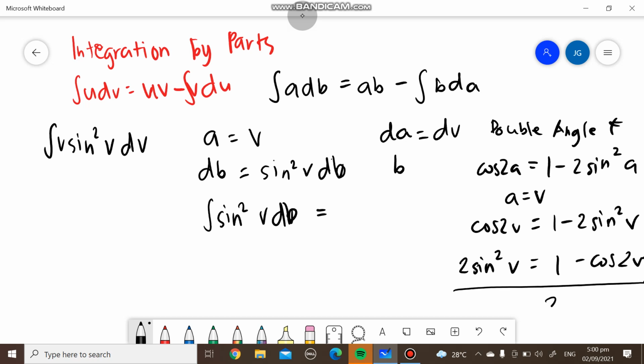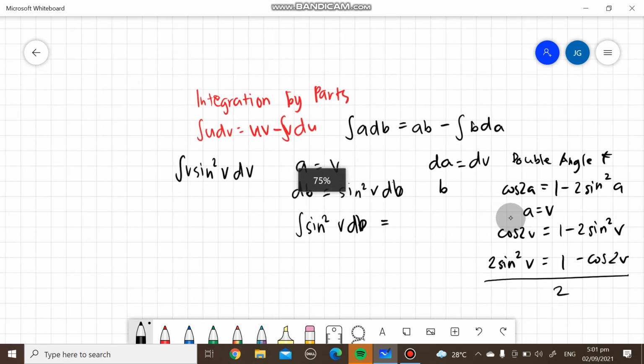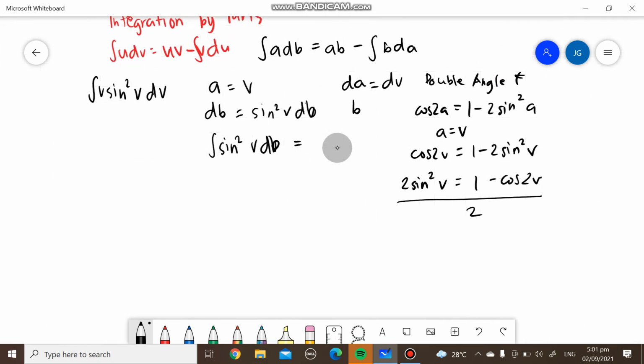So, basically, it just means that the value of sine squared v is equivalent to 1 minus cosine 2v all over 2, according to the double angle formula.